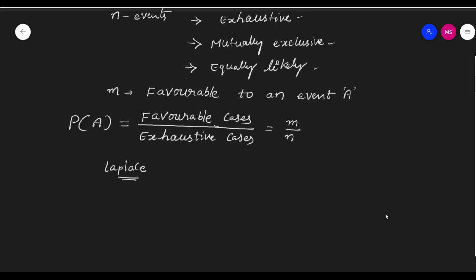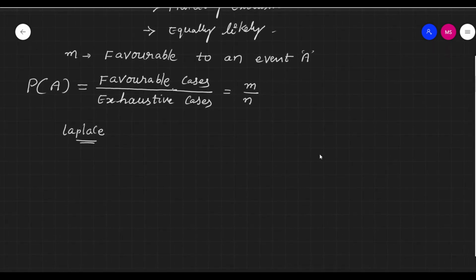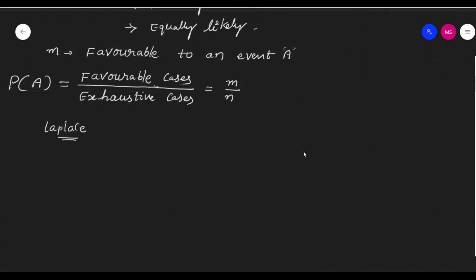Now I am telling an important concept in this definition. If you conduct an experiment, there are n exhaustive events. Of them, m are favorable and the rest are unfavorable, so n minus m are unfavorable events.